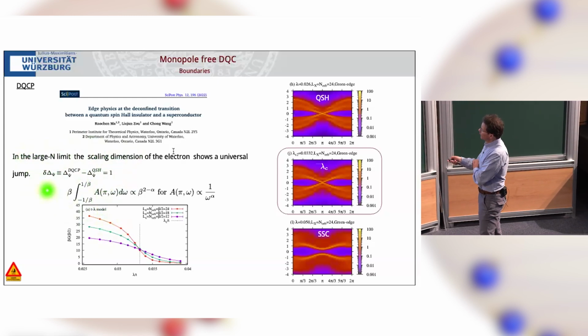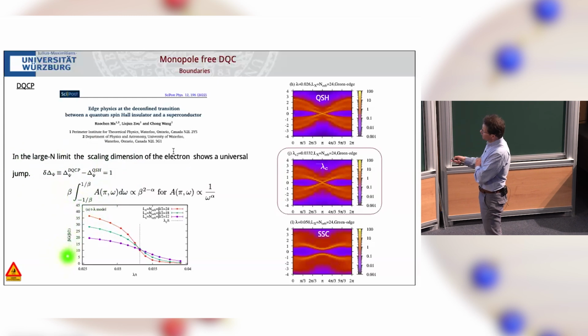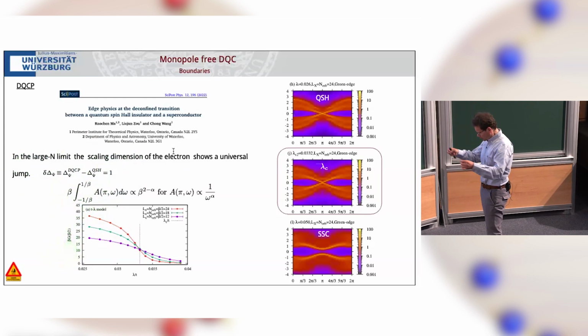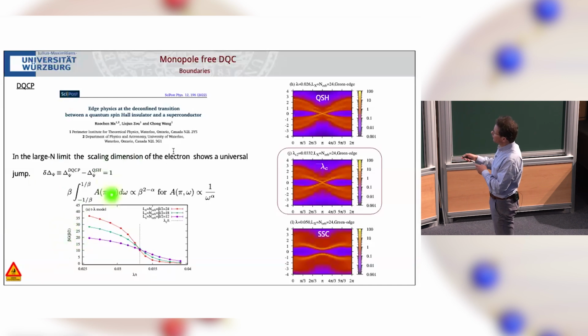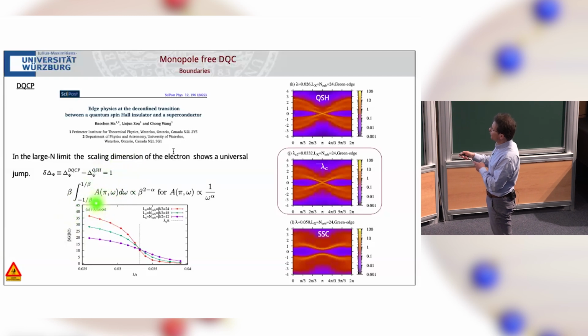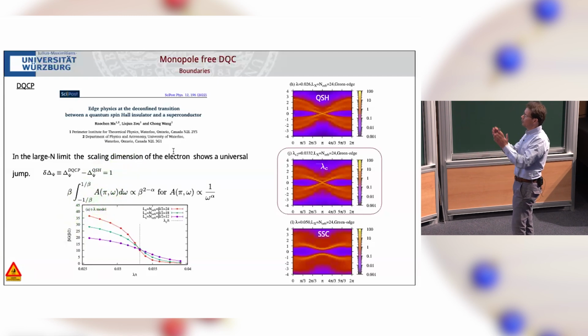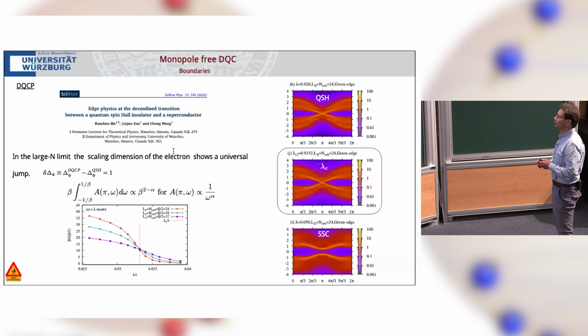What we really do is we calculate the Green's function in Euclidean time at tau equals beta half, and we multiply it by beta, right? Now, if you work out what this means, it basically means that you're taking your spectral function, A of k, omega, and you're integrating it over a window of width beta around the Fermi energy.